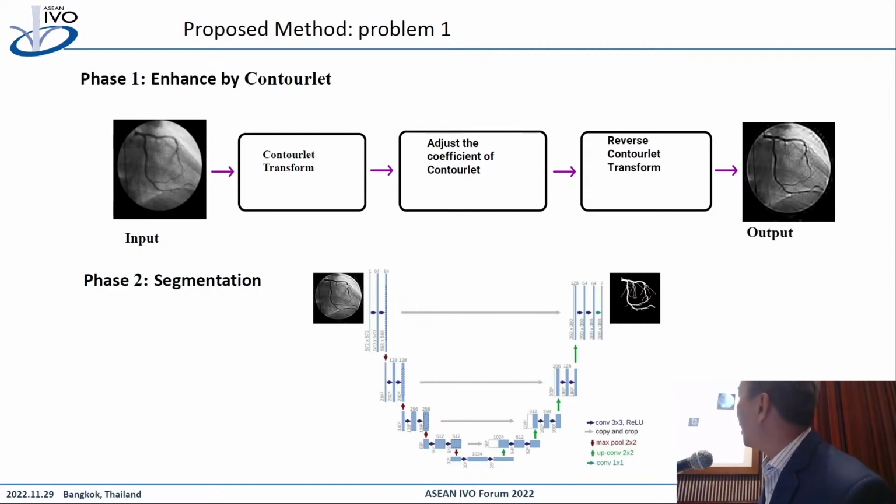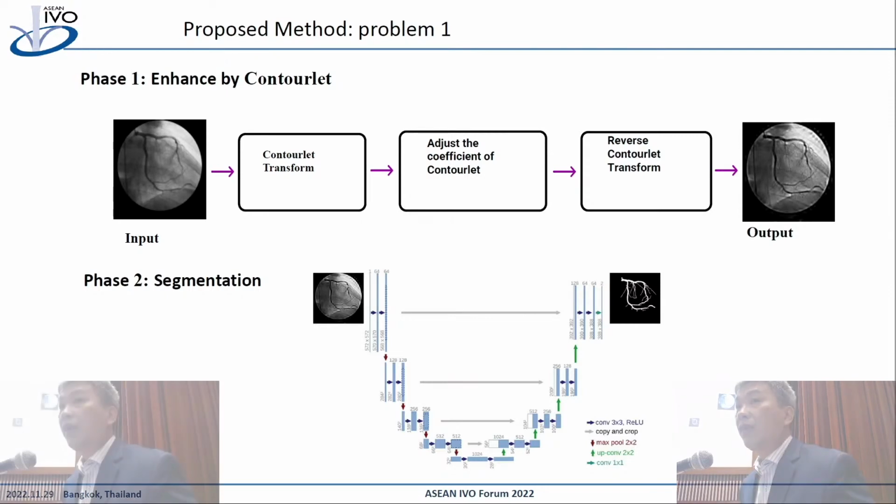This is a method to enhance by adjusting coefficients with the Contourlet and inverse Contourlet transform. We have the result, it's enhanced. In the second phase we segment by UNet. UNet is deep learning improved from CNN. It is very good for medical image processing.